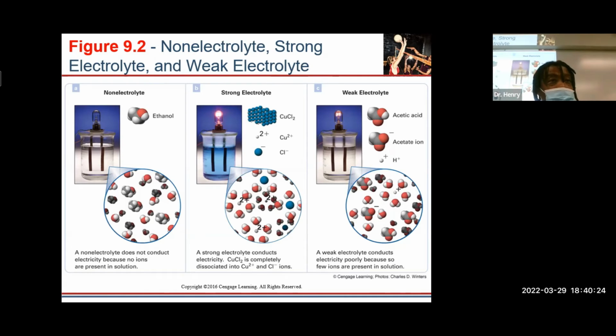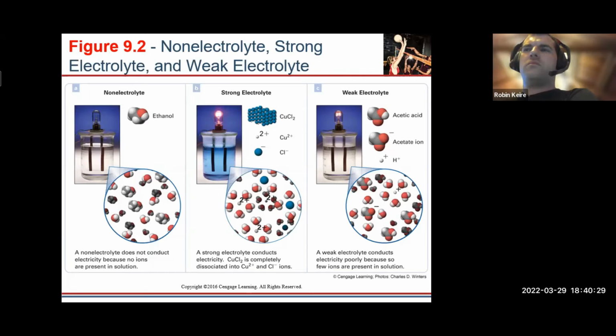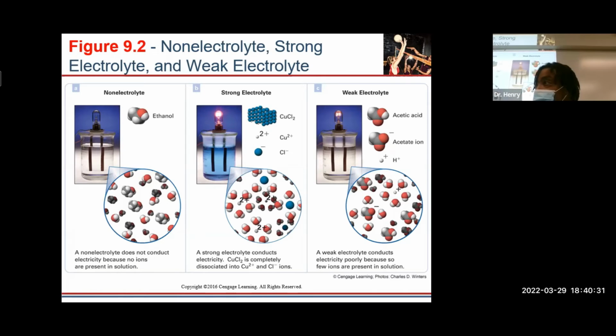Although we know that some tap waters conduct electricity very well, the stuff we got out of the faucet, you guys remember that? Although we did get our water from Walmart, that may explain why some of it did conduct electricity. We need to go to Walmart and say, hey, that was supposed to be distilled water. You have a lot of ions in there for it to be distilled.